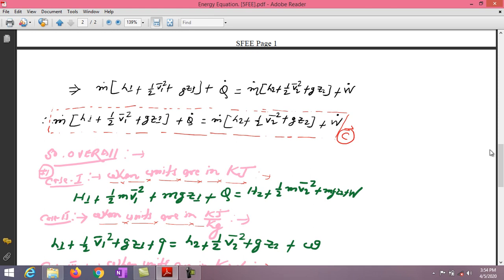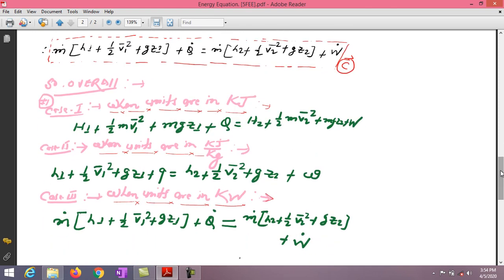So overall, in conclusion, in case 1, the first equation, the units of all terms are in kilojoule. That means this is capital H1, the total enthalpy, plus total kinetic energy, half m v square, plus total potential energy, mgz1, plus Q. This is the total energy at inlet.